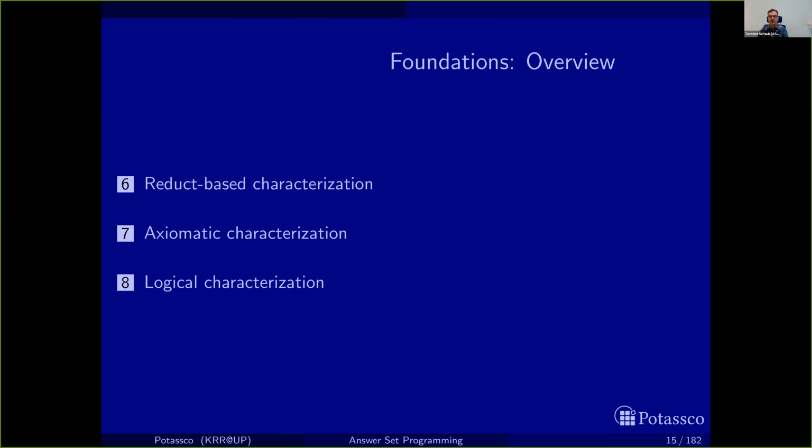And then I also briefly want to show you how the rediscovered logical characterization works, which goes back to work of Heyting and Gödel, and was, I think, rediscovered by David Pearce.